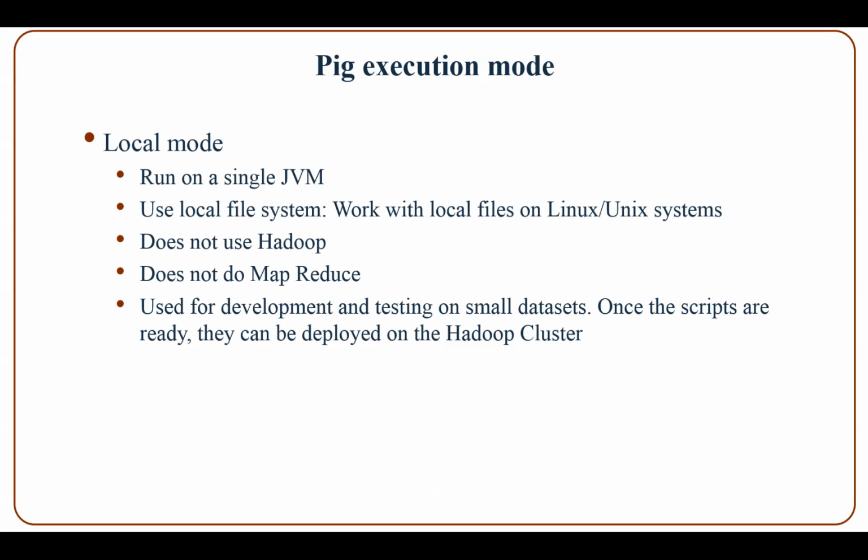In this local mode, Pig uses the local file system and works with local files on Linux or Unix systems, and it does not use Hadoop and does not do MapReduce. It is mainly used for development and testing on small datasets. And once the scripts are ready, they can be deployed in production on the Hadoop cluster.